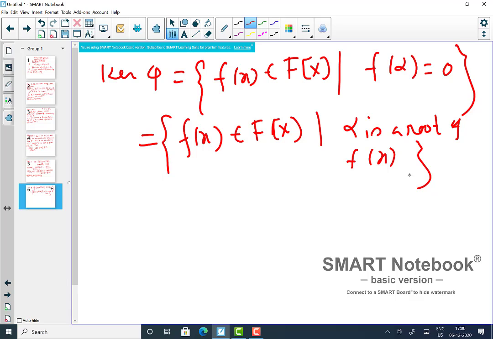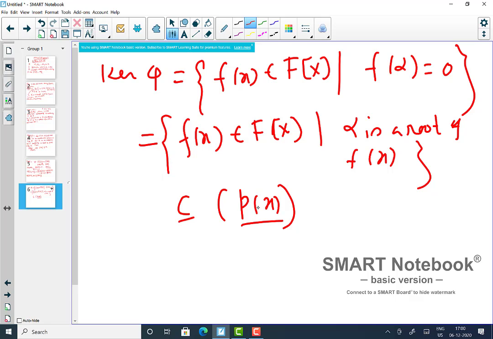Now you know that alpha is a root of p(x), and p is the irreducible polynomial. So what does that mean? If you take a multiple of p(x), then the kernel contains the ideal generated by p(x), because whenever alpha is a root, that polynomial must be inside this.